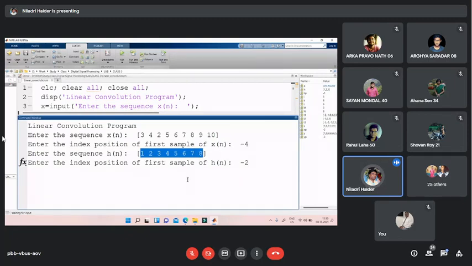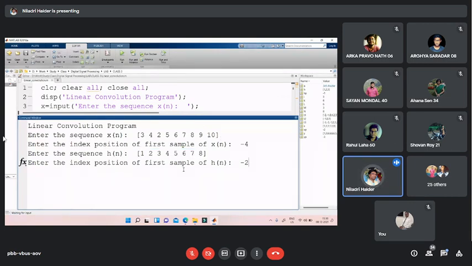So what should be the size of the output? L plus M minus 1? 16, exactly. Because this is 9, this is 8, so 9 plus 8, 17, minus 1, 16. So the output will be 16.